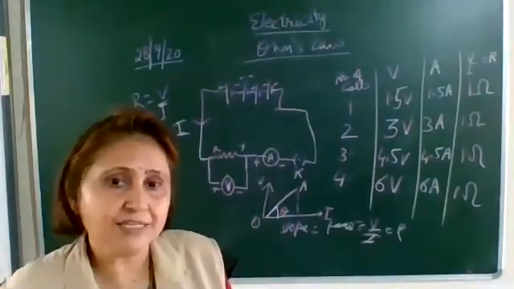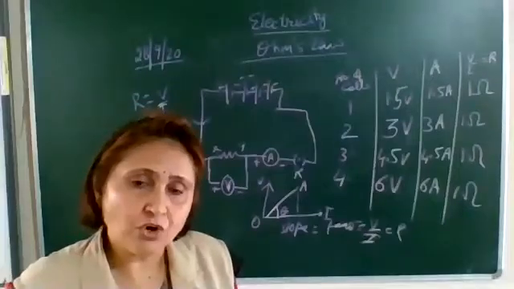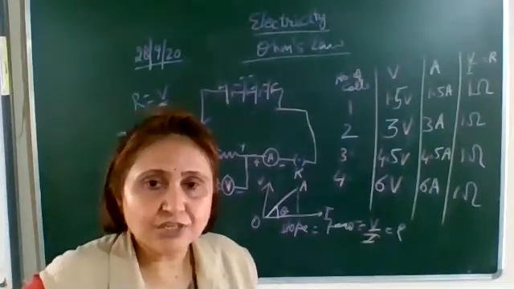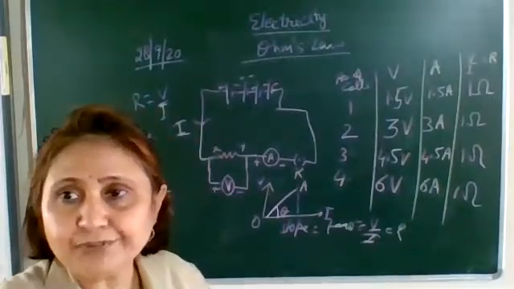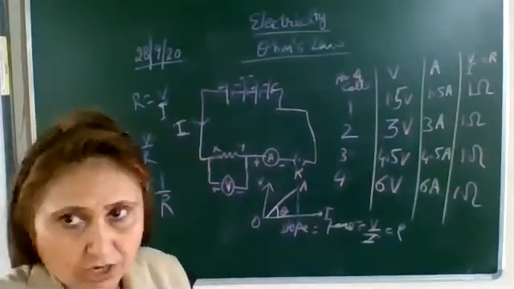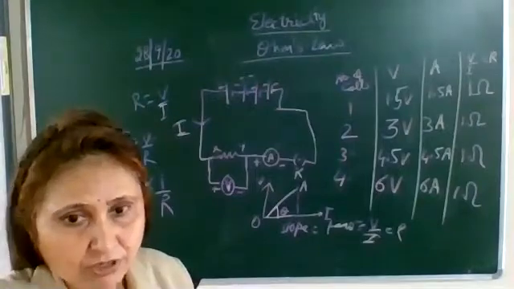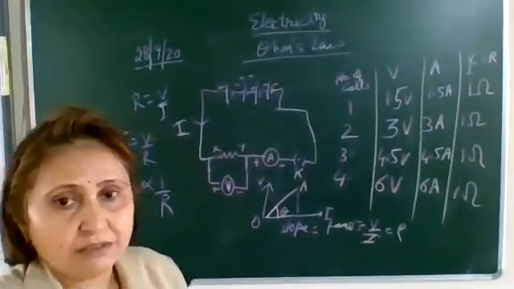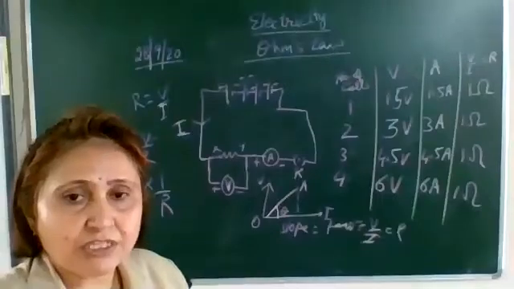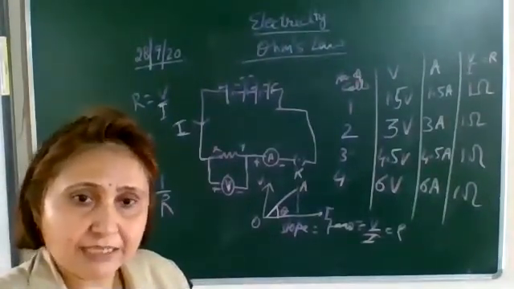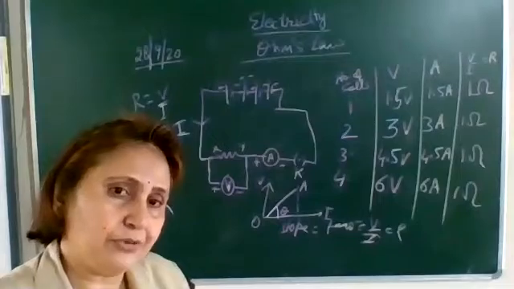The conventional direction of the current we take is opposite to the flow of electrons, or you may say in the external circuit it flows from positive to the negative terminal. In the external, outside circuit, not inside the cell. We are not talking about which direction it flows inside the cell. Current is charge flown per unit time.